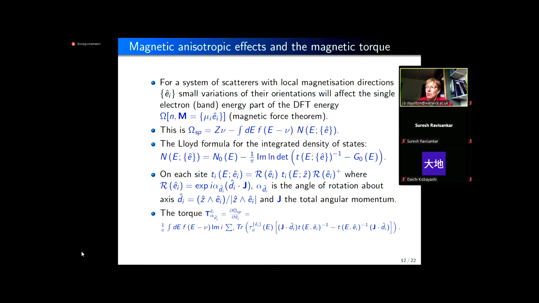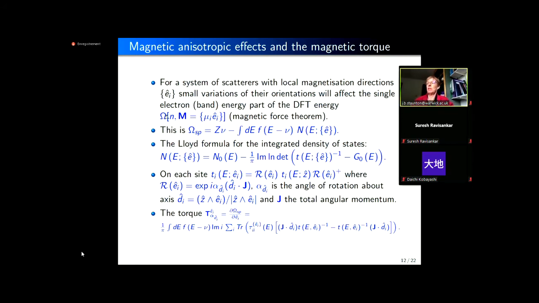In the limit, you just take the derivative, or essentially the torque, from this energy expression. Formally, from scattering theory, we can do this in a nice way and get a closed expression for the anisotropy.